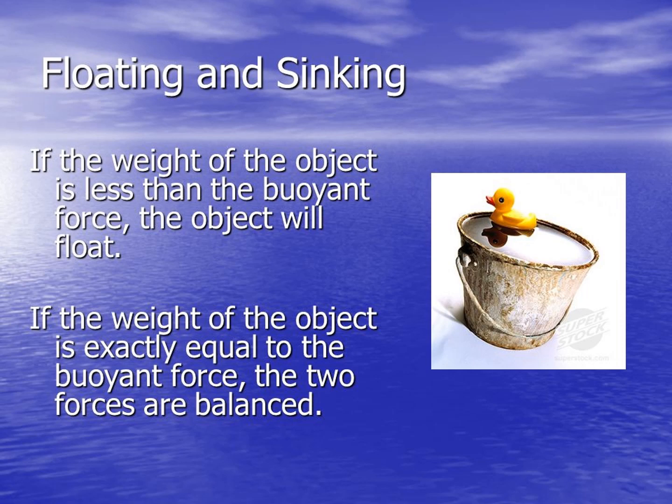So the substance has more density, and water has less density. So this mystery material is denser than the water, so it sinks. Have you understood, children? Floating, sinking. Everybody understood? Okay.